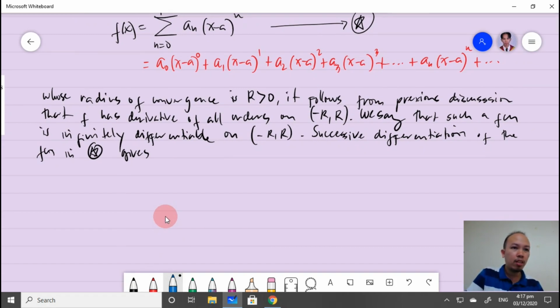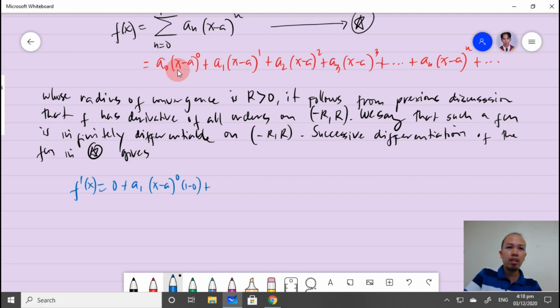If we get the derivative f prime of x of this function, the first term is 0, the second term is a sub 1, since 1 minus 1 is 0, times (x minus a) to the 0, times the chain rule, where the derivative of x minus a is 1 minus 0.